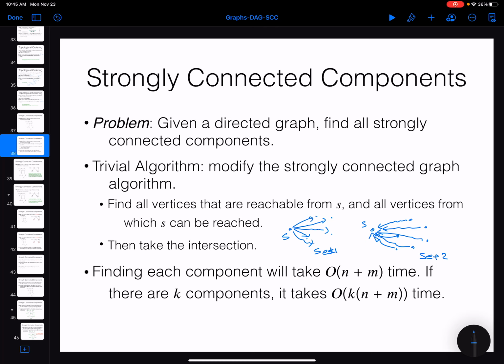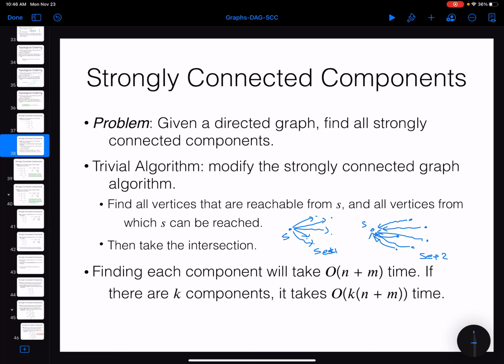The time complexity of each step of the algorithm is going to be 2 BFS or DFS, so this is going to be 2 O of n plus m. And then you have to repeat it for all the connected components that you have.